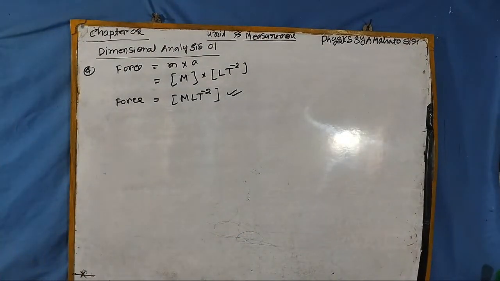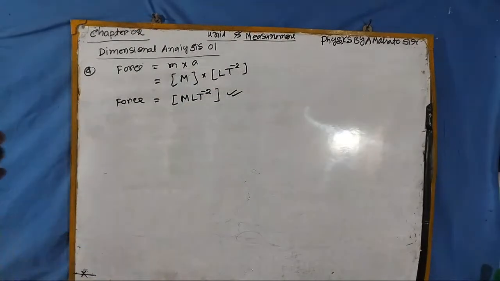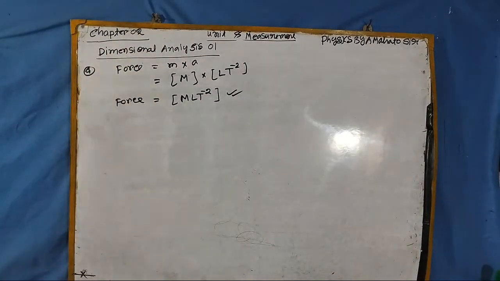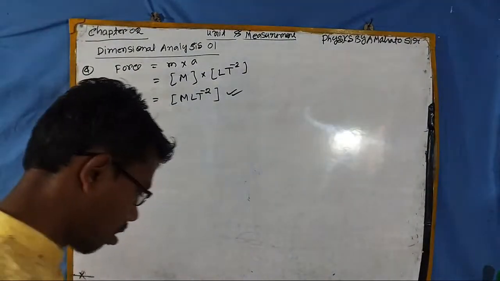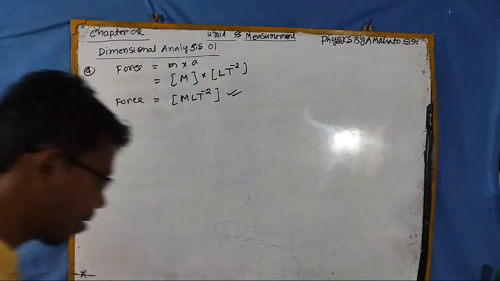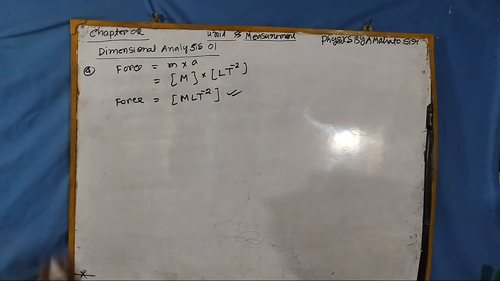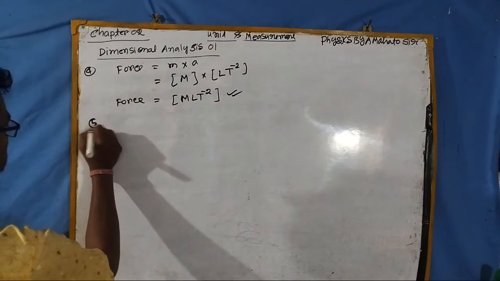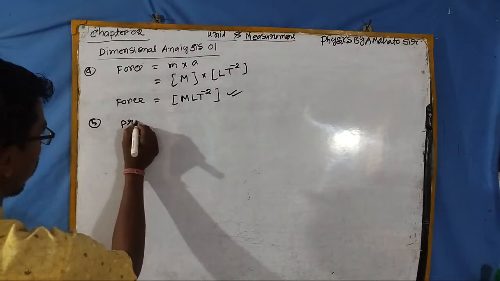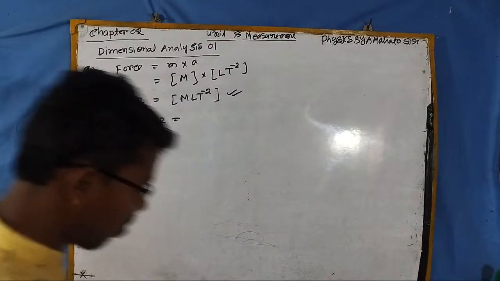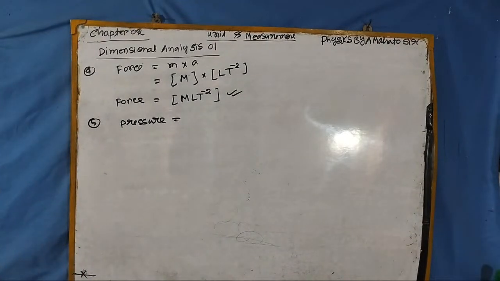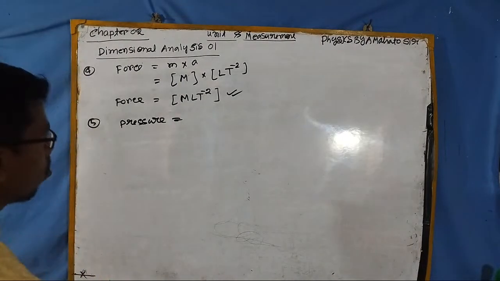Today's lecture is unit and dimension, chapter 02, class 11. The next physical quantity, number 5, is pressure. Pressure is force per unit area.